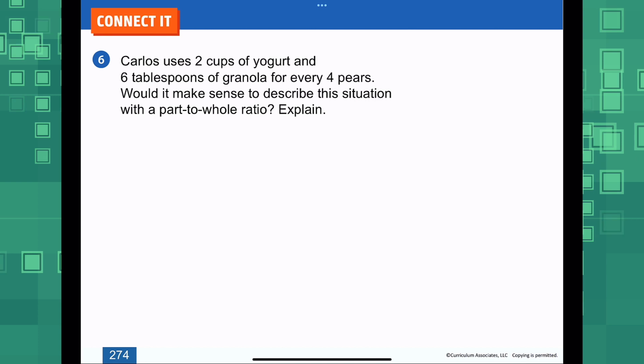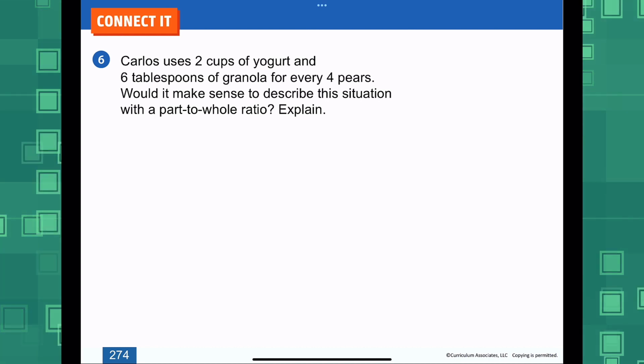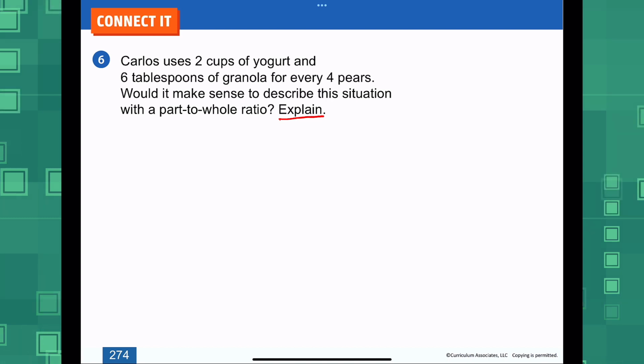Number 6, it says Carlos uses 2 cups of yogurt and 6 tablespoons of granola for every 4 pears. Would it make sense to describe this situation with a part to whole ratio? And explain. So go ahead and take a second and think about whether or not that's okay to use a part to whole ratio to represent that.